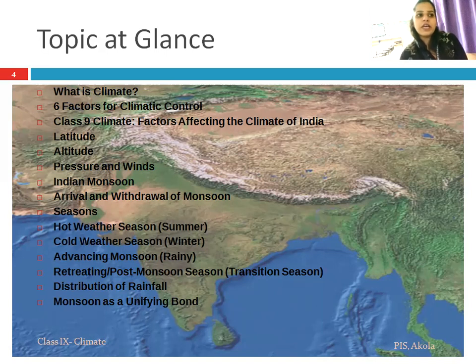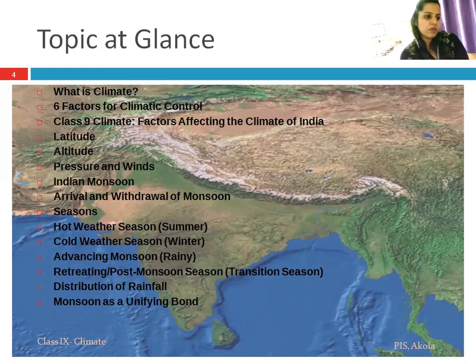So, moving ahead, this particular session will brief you about certain key points which are already there on the screen. These are some of the main topics that we will be studying: the meaning of climate, the climatic controls, which are 6 factors. Then the factors which affect the climate of India, which include latitude, altitude, pressure and winds. Then you will study the Indian monsoon, arrival and withdrawal of monsoon, and seasons.